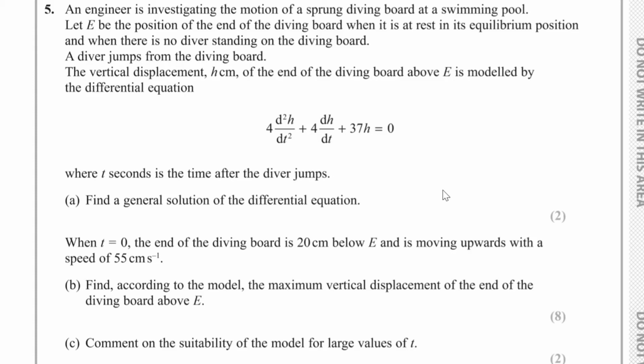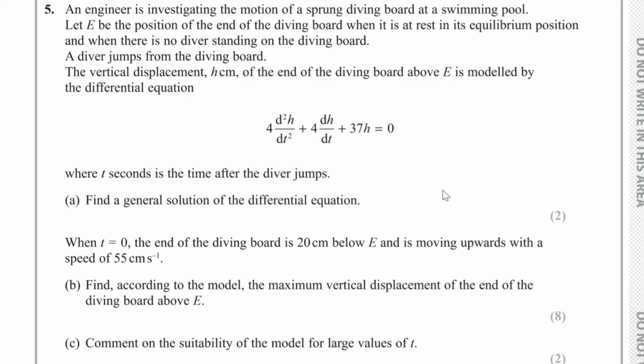The vertical displacement h centimeters of the end of the diving board above E is modelled by the differential equation 4 d squared h over dt squared plus 4 dh over dt plus 37h equals 0, where t seconds is the time after the diver jumps. We have to find a general solution of the differential equation.